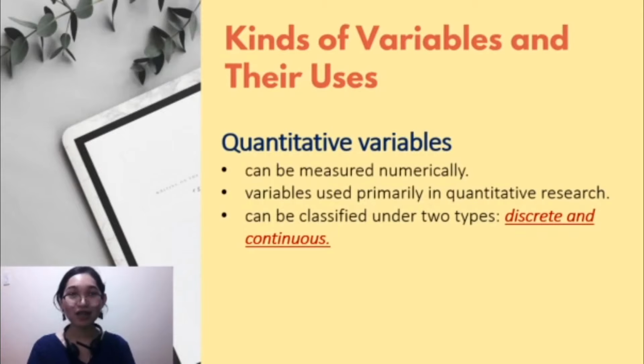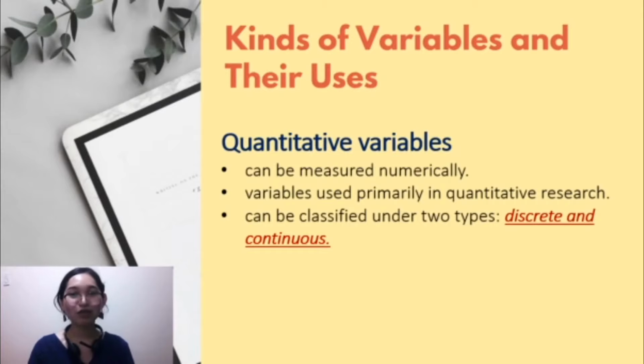Quantitative variables, these variables can be measured numerically. Obviously, by the name itself, quantity, pag pinag-uusapan natin yan, nandiyan yung numbers. So, it has a numerical value. Variables used primarily in quantitative research.